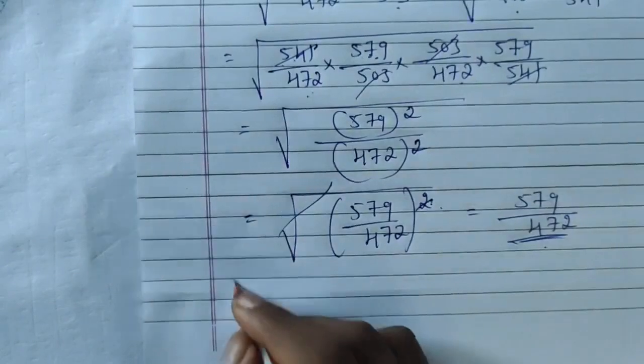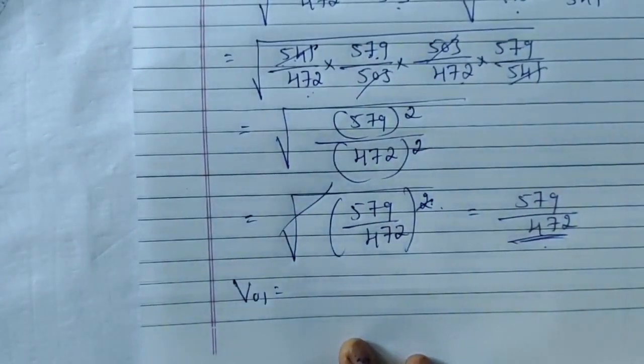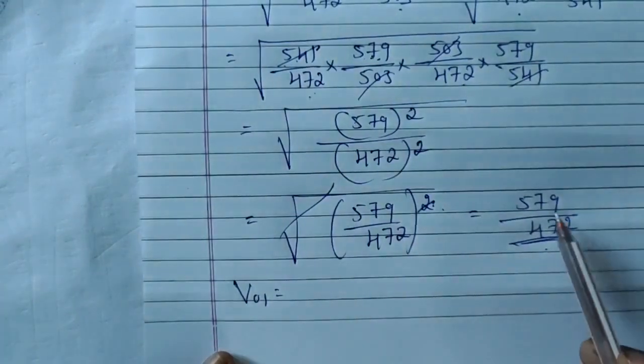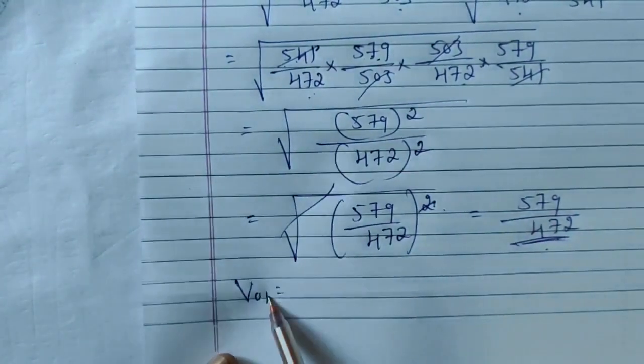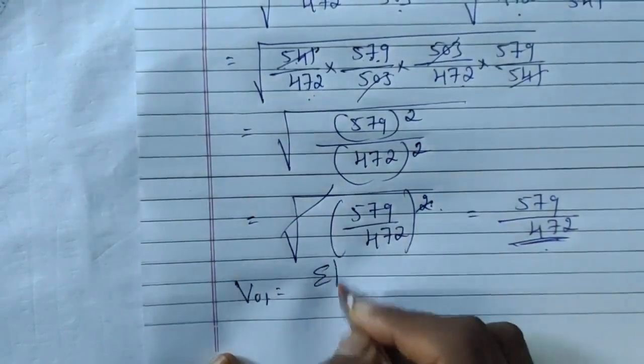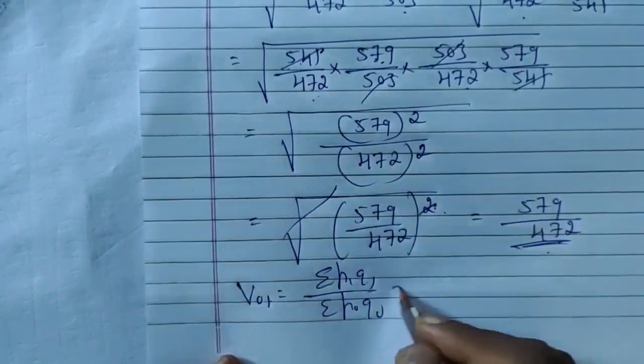Now V01. So what is V01? So our answer should be 579 by 472, right? So what is V01? Summation P1 Q1 by summation P0 Q0.